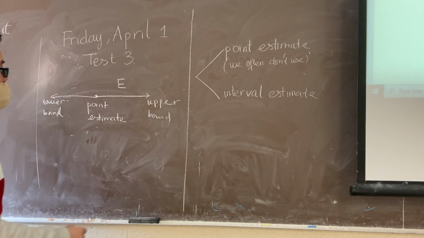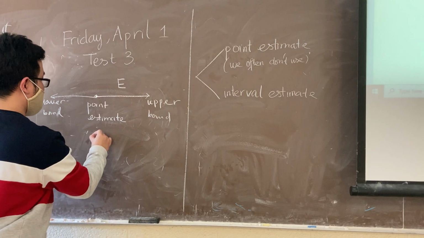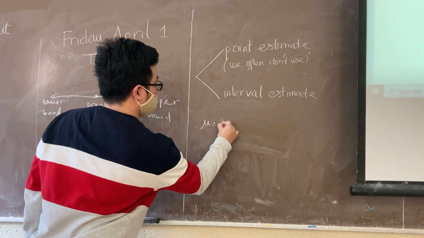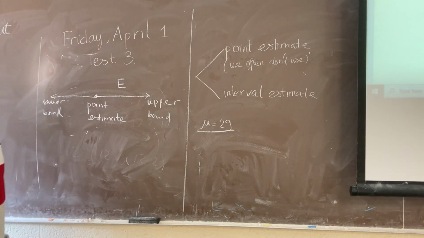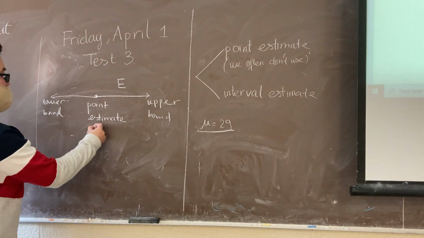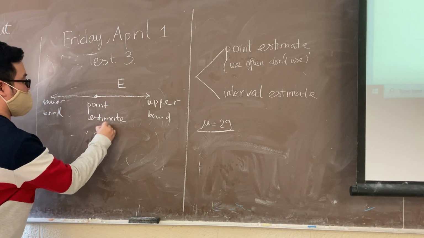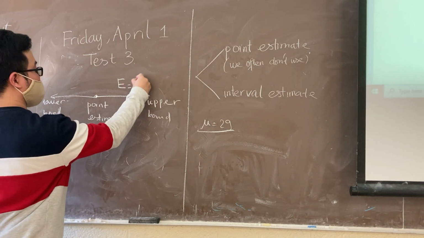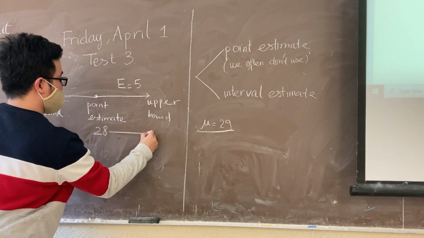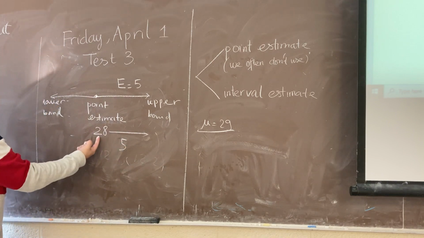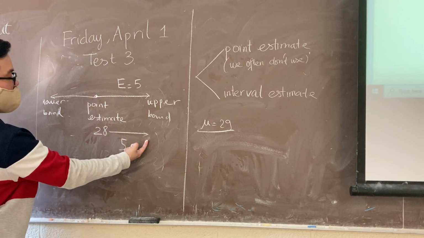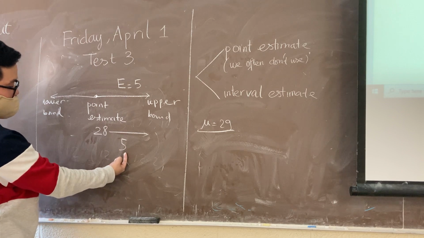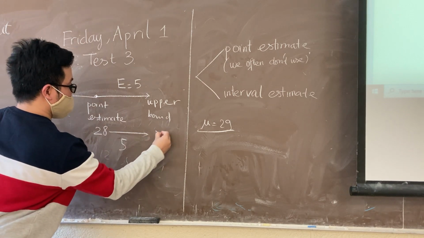For example, if the real population mean mu is 29, and I have a point estimate of 28, and assume E is 5, then the distance from the point estimate to the maximum value is 28 plus 5, which is 33.